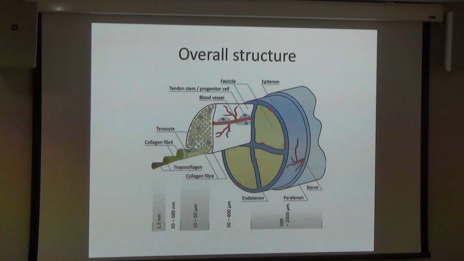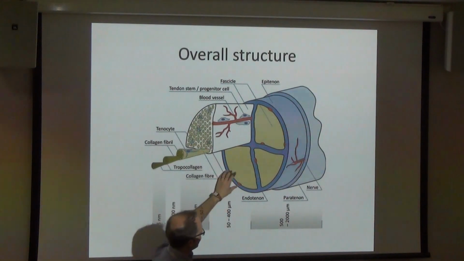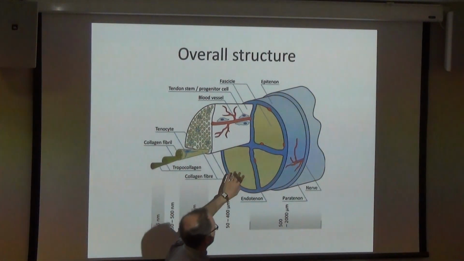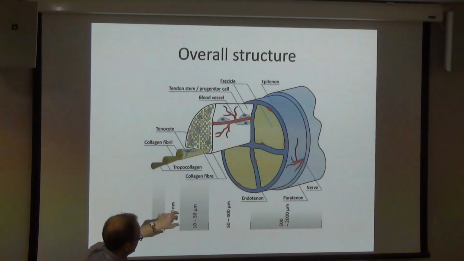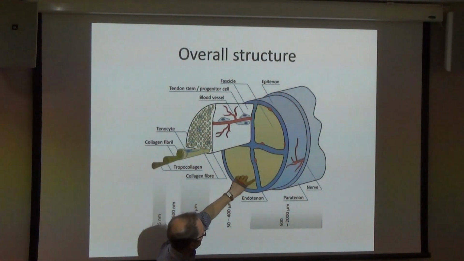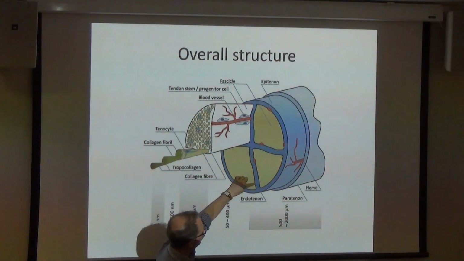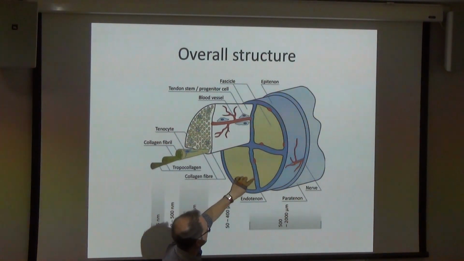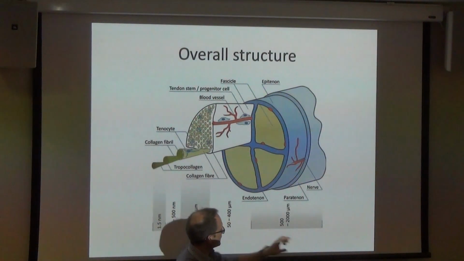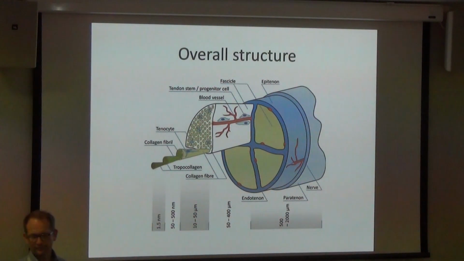Then all the fibres form a fascicle, and lots of fascicles form a tendon, a bundle of fascicles forming a tendon. The endotenon is over a fascicle, the epitenon surrounds all the bundles, and then the paratenon surrounds the whole tendon.